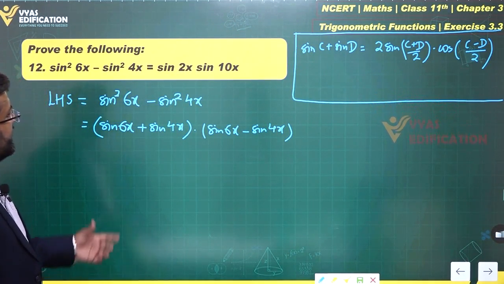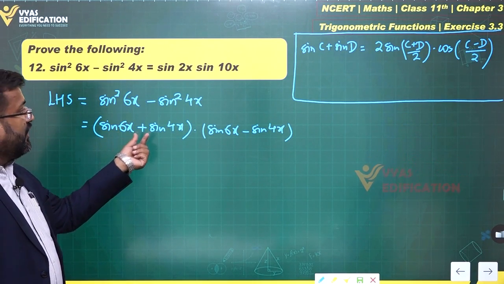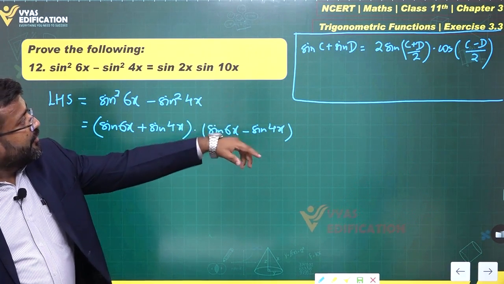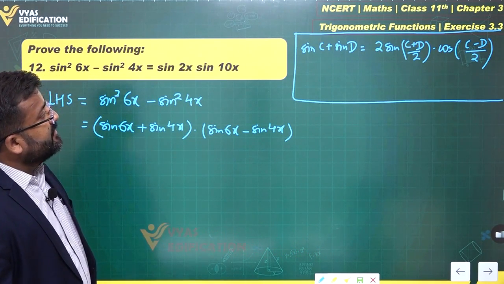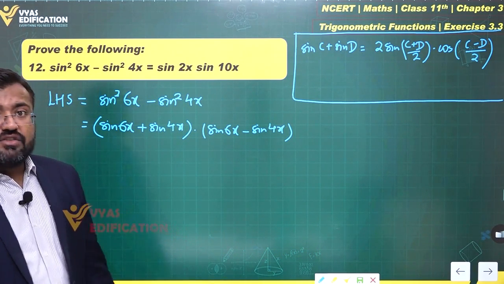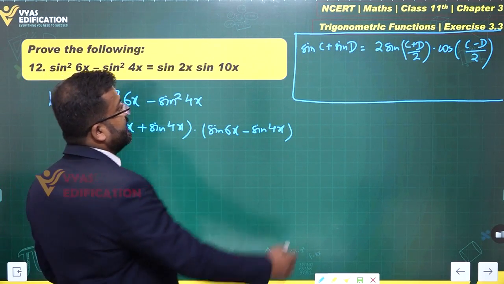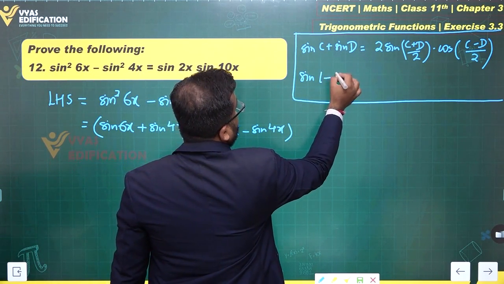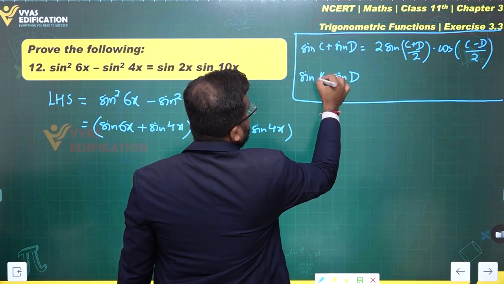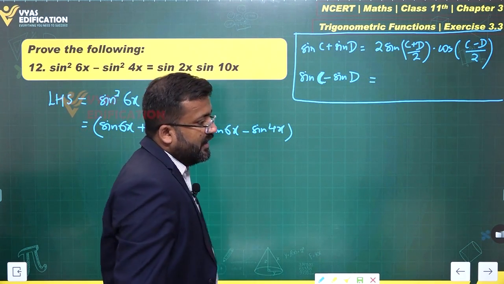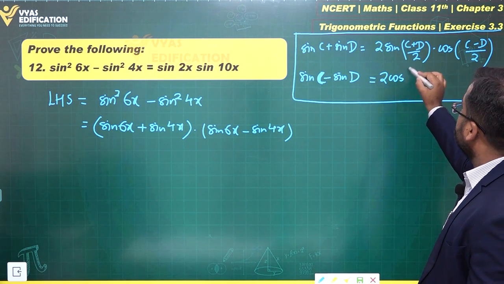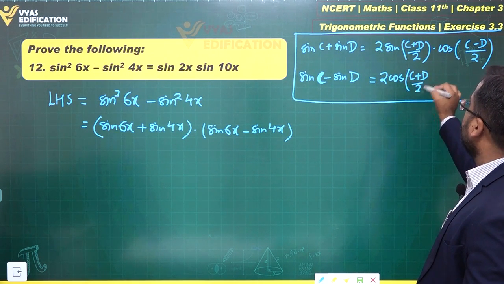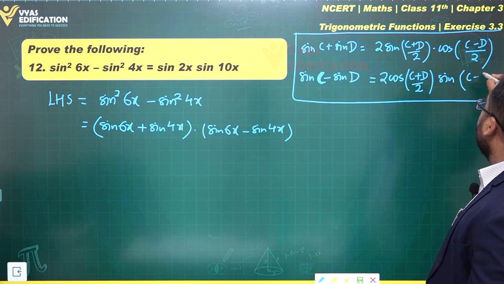That's what we have, right? From the sum or difference, we are trying to convert into a product, because in the RHS we have a product only, right? And what is sine C minus sine D? You should remember this one as well. This is 2 cos C plus D by 2 sine C minus D by 2.